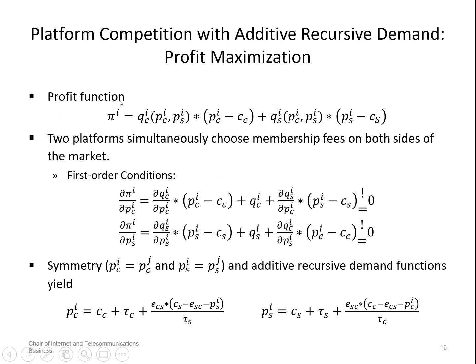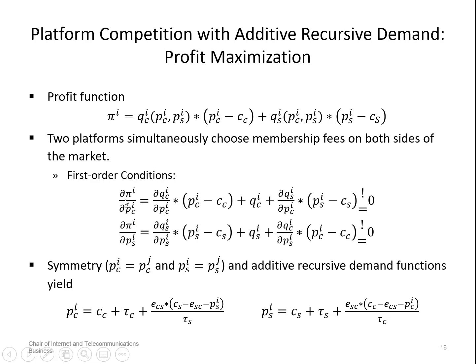Then what is the profit function? The profit function of platform i is the demand from consumers times the margin on consumers, plus the demand from suppliers times the margin on suppliers. Then the two platforms simultaneously choose membership fees on both sides of the market.